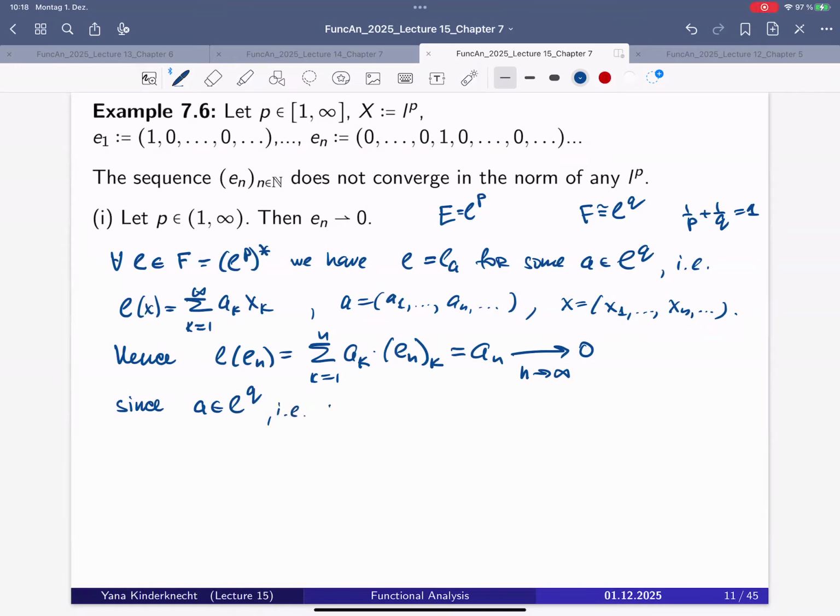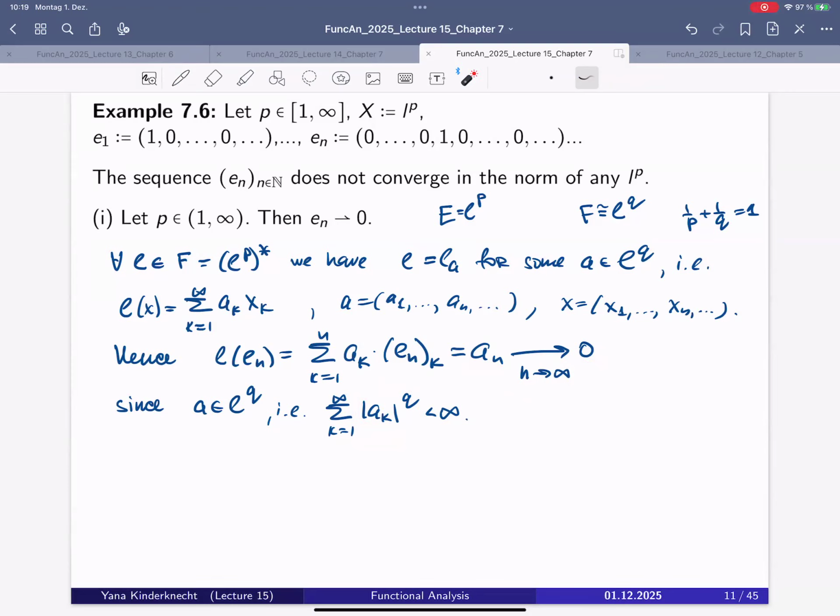That is, the sum of AK to the power Q is finite. So if the series converges, a series of non-negative numbers, then the numbers themselves converge to 0. And hence An converges to 0 when n tends to infinity.